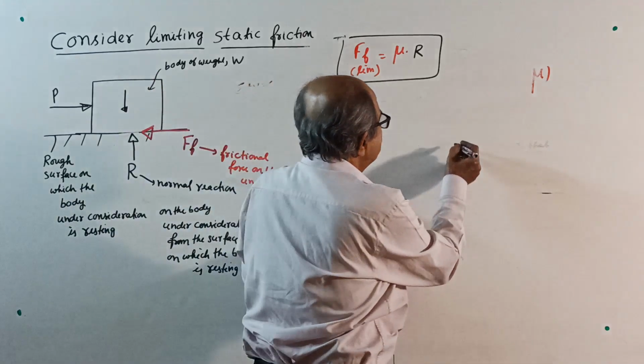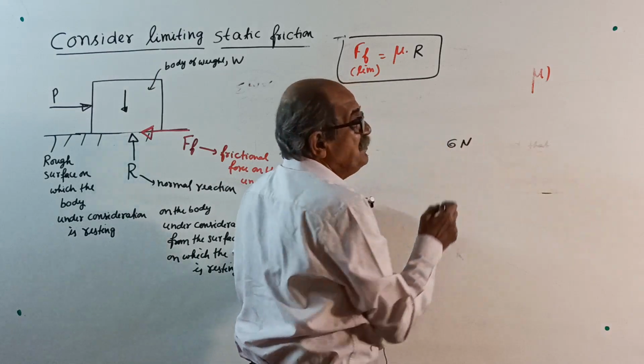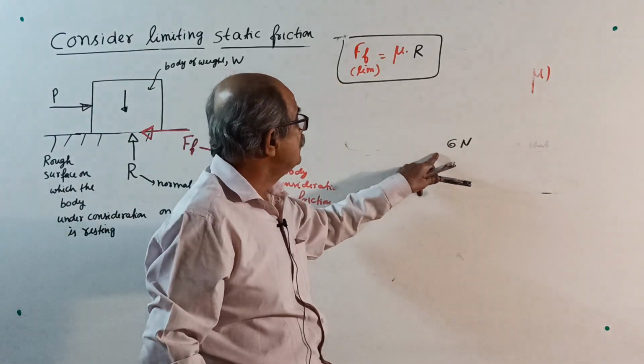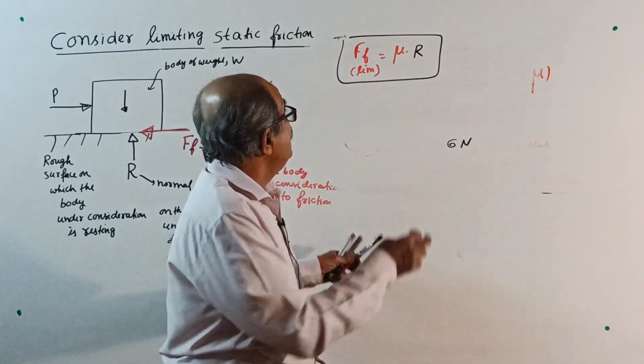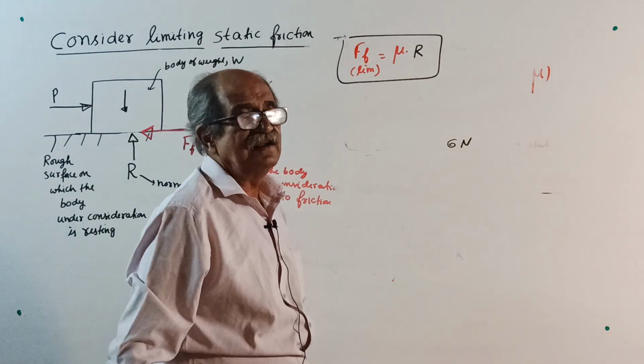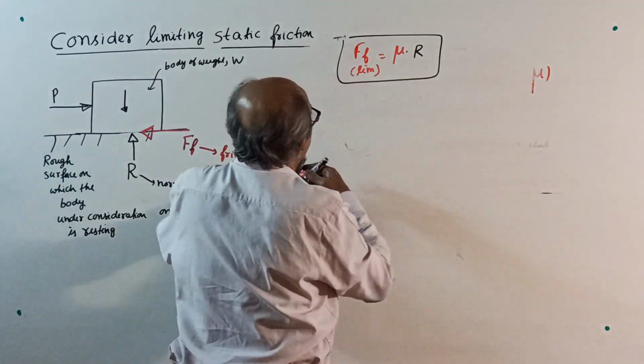If I put 6N, people get confused: is it 6 into normal reaction or 6 Newton? From that day onwards, I changed to normal reaction R.